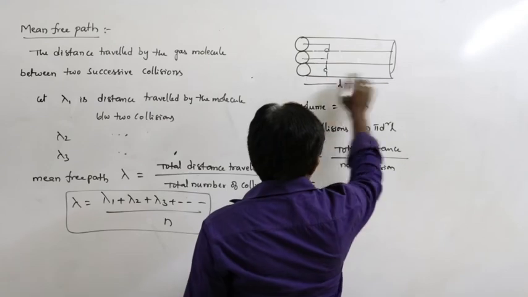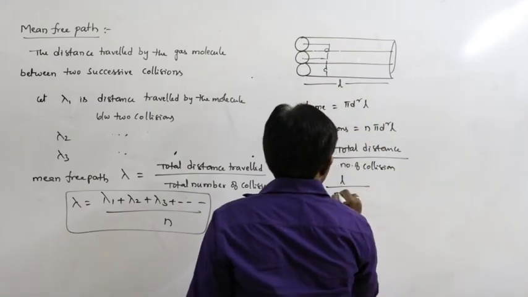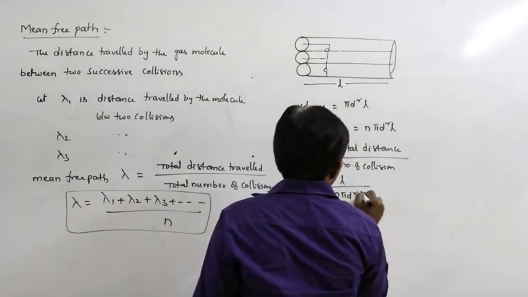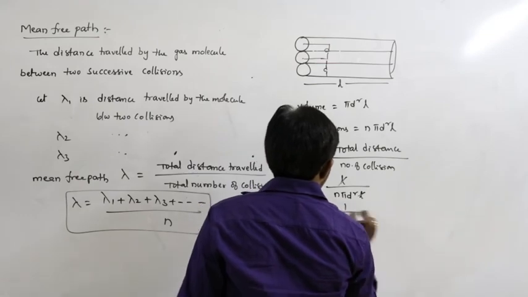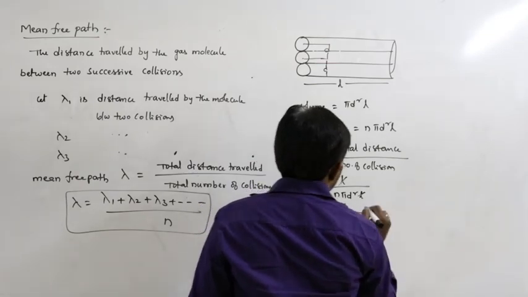So lambda is equal to the total distance travelled L divided by n pi d square L, so lambda is equal to 1 by n pi d square.